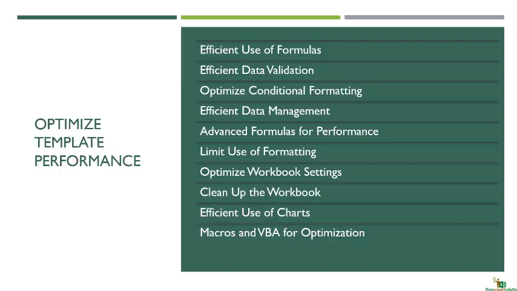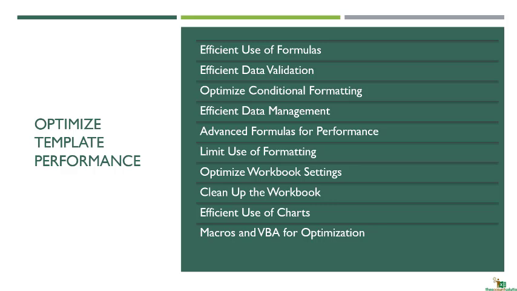The fourth learning outcome is to optimize template performance. How do you use efficient formulas? It's not every formula you apply on your template. The more formulas you have in your template, the more bulky it becomes in terms of the megabytes. So you need to find the best formulas to use to optimize that template. Then how do you create efficient data validation?